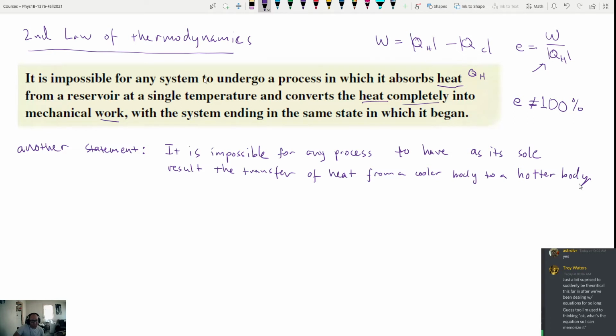Because what this is saying is that you really can't have heat flow from a cold object into a hot object. And that's something we all know. It always goes the other way. The flow of heat is always from hot to cold. So there's no way that you can have a process where the only thing that happens is that a cold body has its energy flow into a hot body, right?